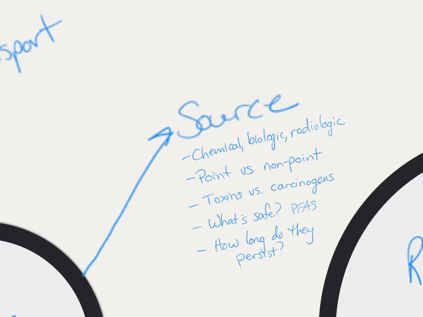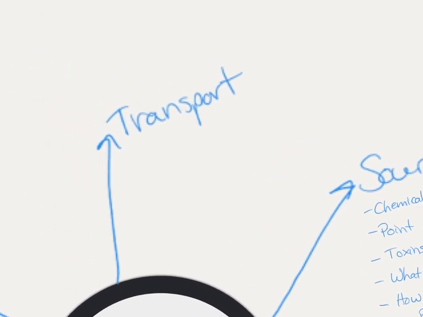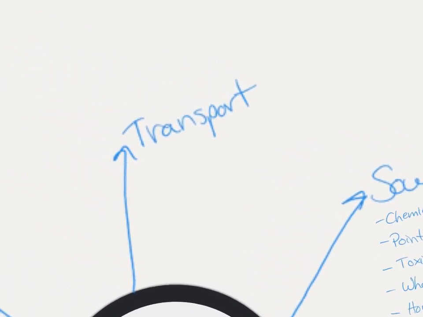Okay, now that we've talked about sources, let's move on to how these contaminants are transported through the environment. One of the first transport mediums that most people think of right away is water. Of course, there are a lot of different kinds of water that we come in contact with.